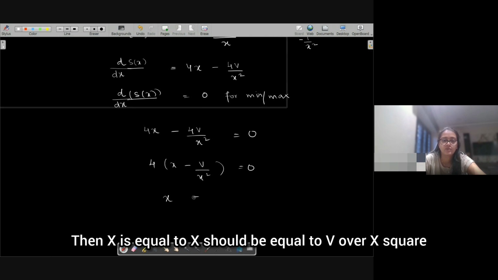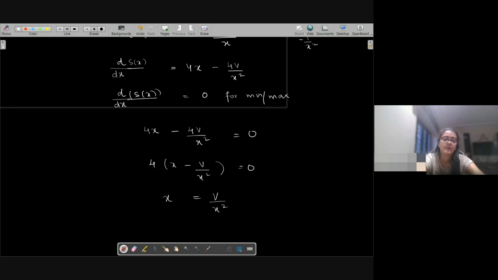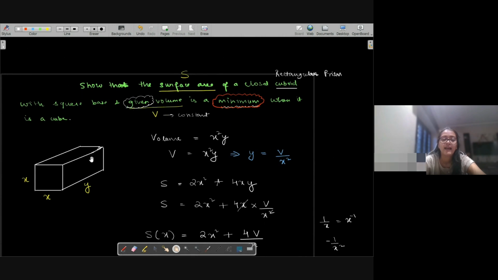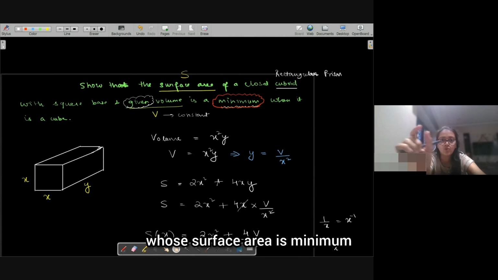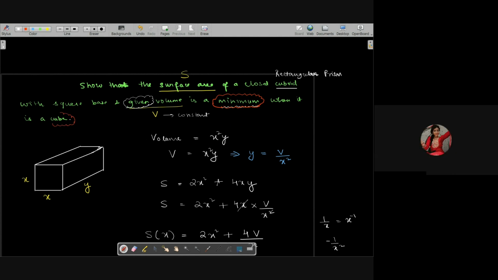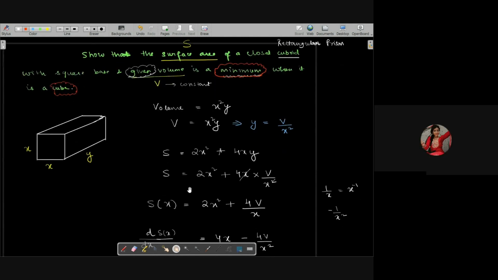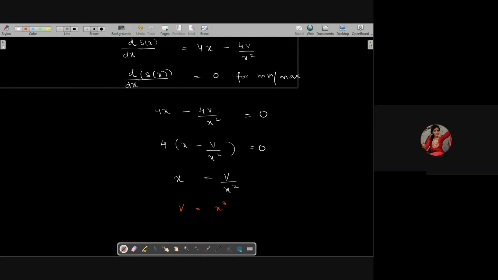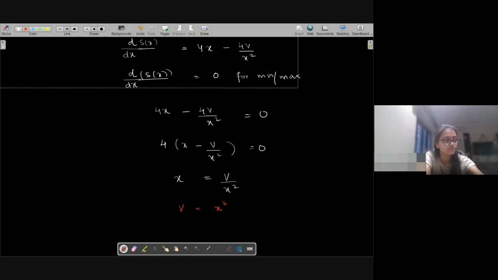Then x should be equal to v over x squared. And remember what we are trying to prove? We are trying to prove that any rectangular prism whose surface area is minimum, that will happen only when it is a cube. So if you simplify this, you'll get v is equal to x cubed.